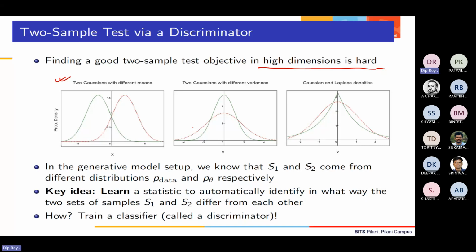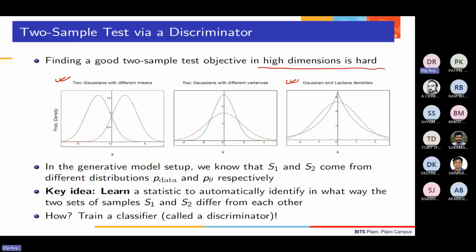And even if you solve this problem, you will find that there are various kinds of distributions, for example Gaussian and Laplace densities, where the mean and the variance are the same, but their shape is different. So it's a problem you cannot get your hands around. You cannot solve it manually. You cannot hand curate this kind of test statistic.